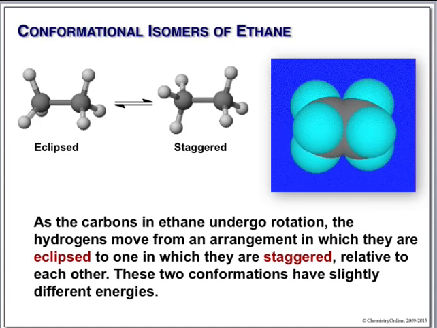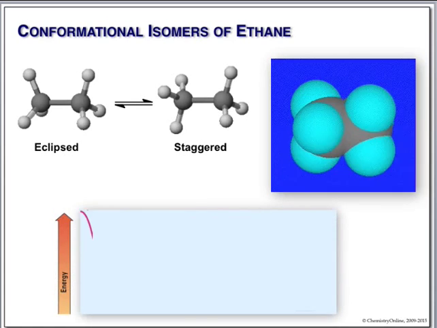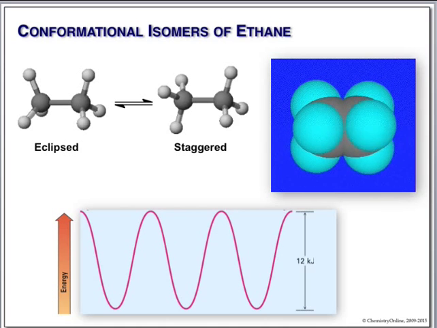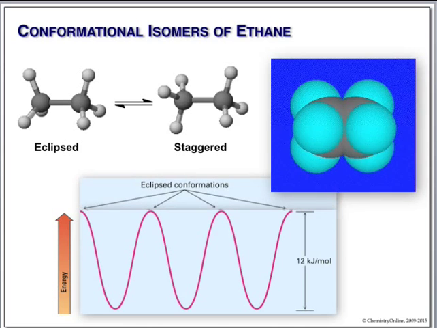We can actually look at a plot of these energies, and as we rotate around our bond here, we see that this changes about 12 kilojoules per mole. So it's a real difference in energy, but once again, conformational isomers we're going to regard as being the same molecule.